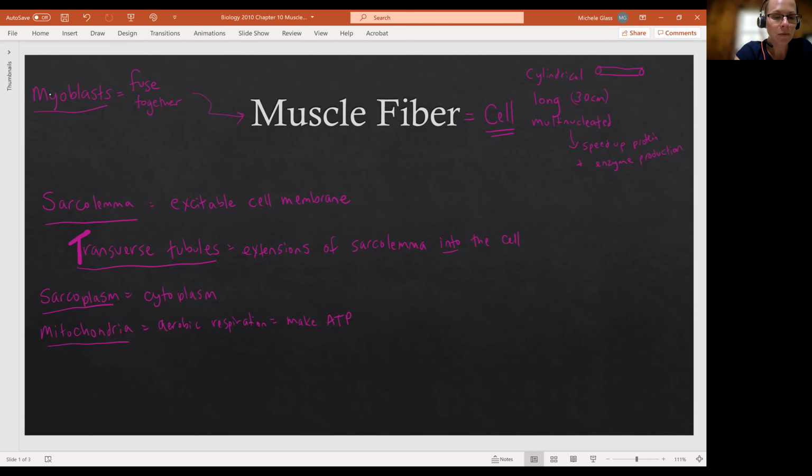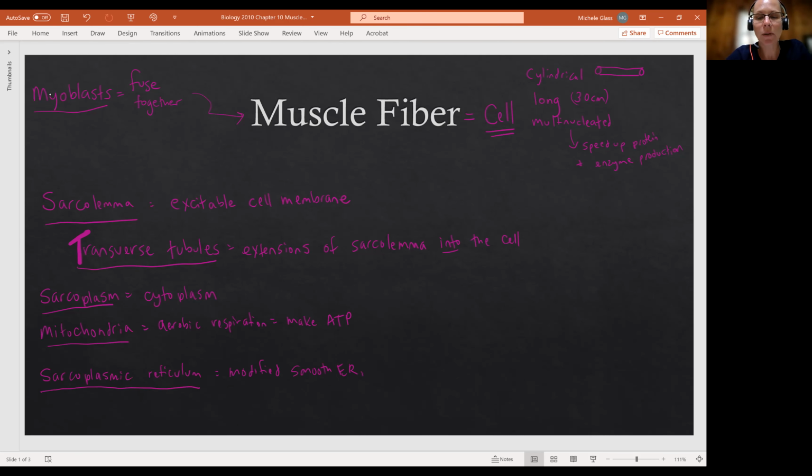We're also going to have what is called sarcoplasmic reticulum. And this is modified smooth ER. ER here stands for endoplasmic reticulum.